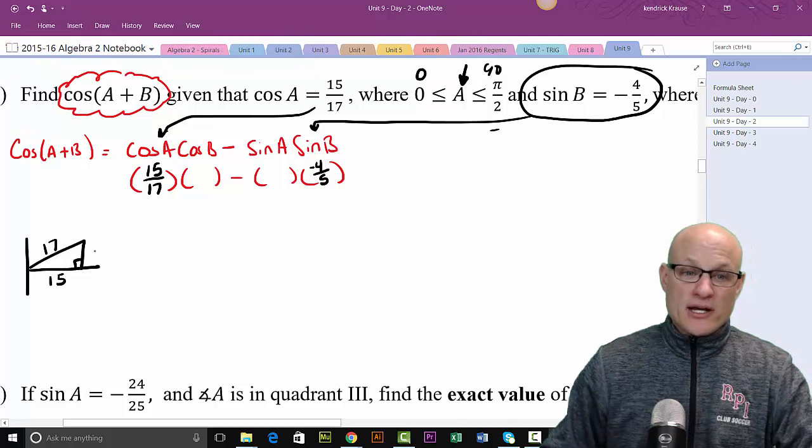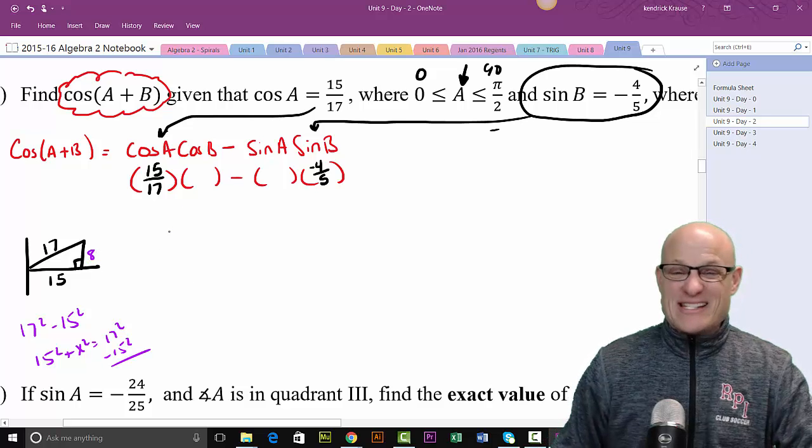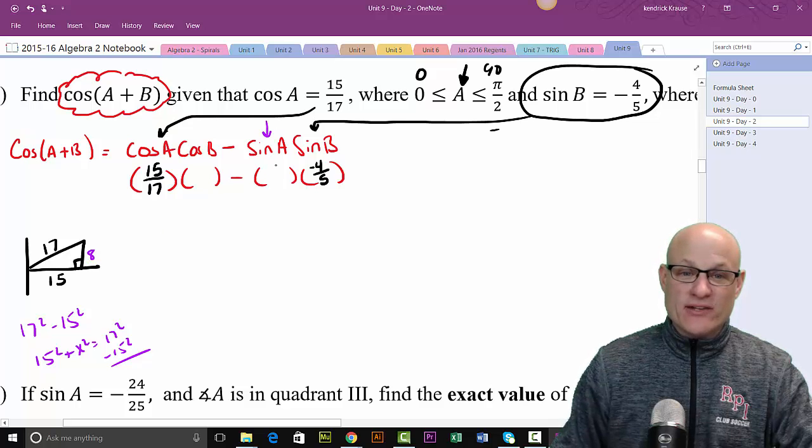And again, you just do 17 squared minus 15 squared. Or you can do 15 squared plus x squared equals 17 squared. Subtract 15 squared. There it is. But it's 8. So the sine of A, which has to go here, is 8 over 17.